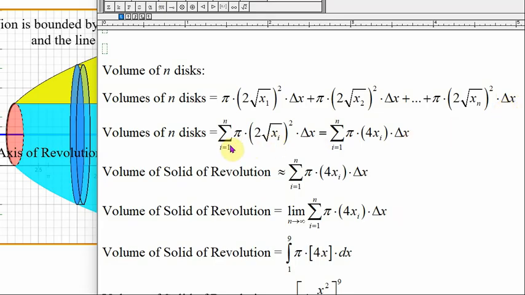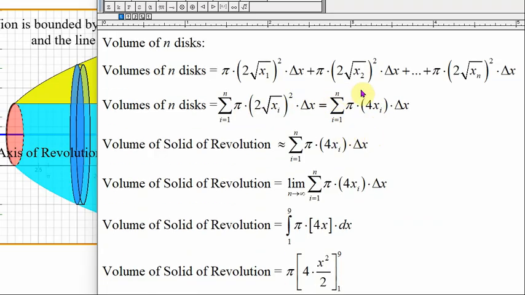Using summation notation, we have i running from 1 to n of pi times (2 times the square root of x sub i) squared times delta x. Once again, delta x is the thickness of each slice, and this is the radius of the ith slice. And 2 times the square root of x sub i, squared, is 4x.